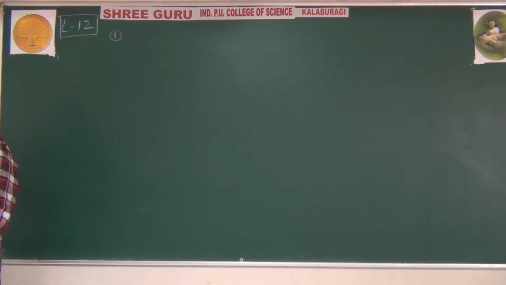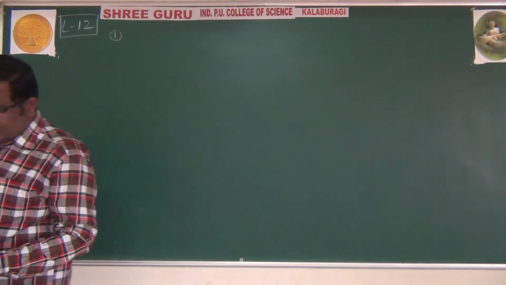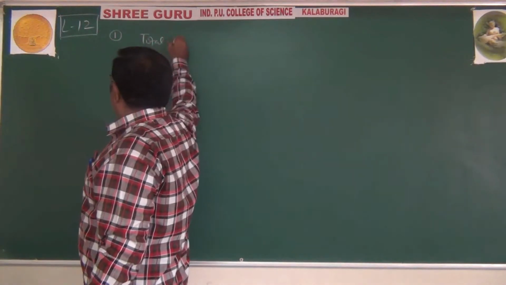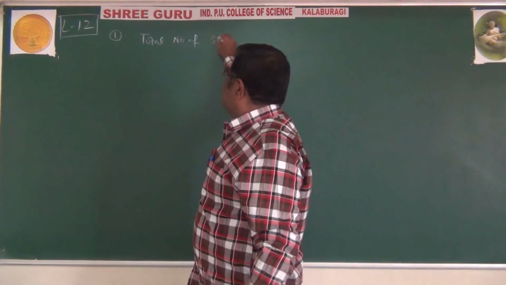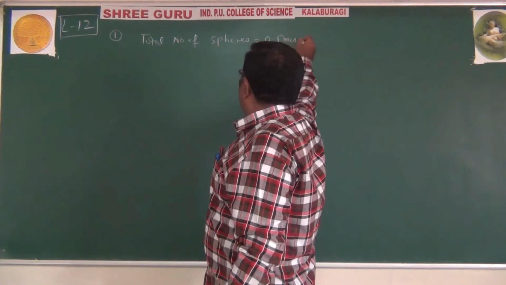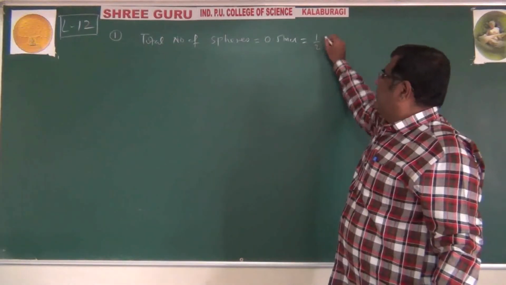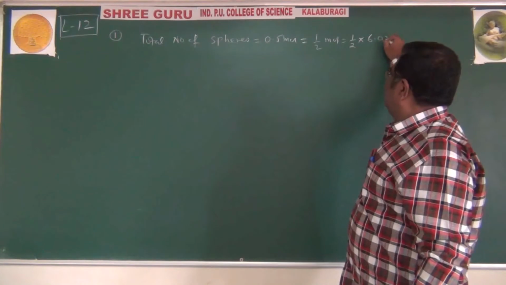As there is 0.5 mole, half mole, we can calculate the number of molecules. We can say total number of spheres, that means particles, is equal to 0.5 mole, and half mole means half into Avogadro number.